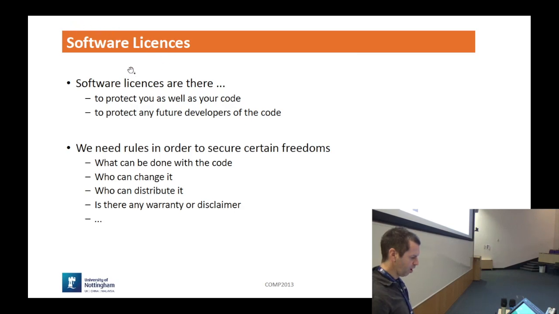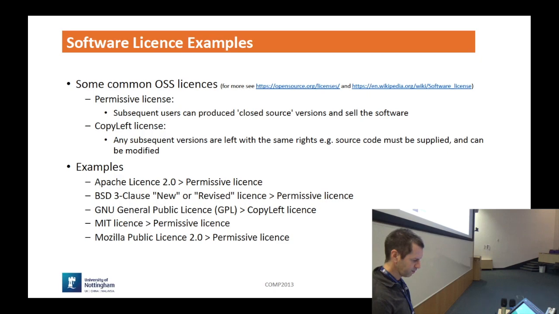And these are some popular open source software licenses. If you want to see more information, these are some links. The so-called permissive license: you can use this open source software, create a closed version, a closed product, and then sell that software. I think Internet Explorer is probably a good example of that.